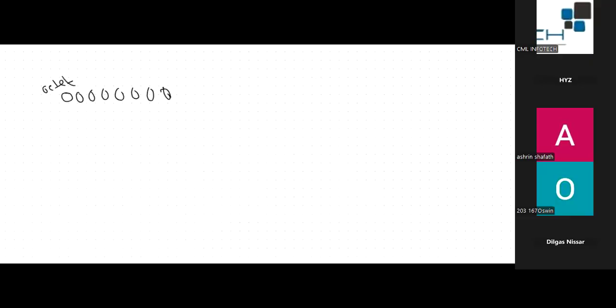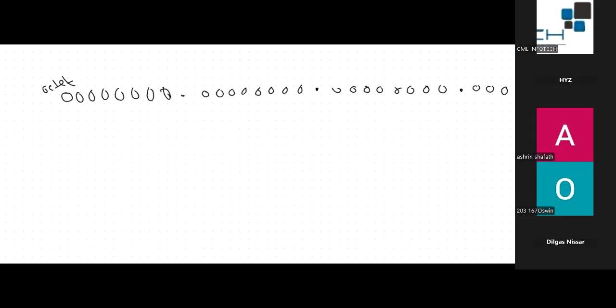So after every 8 bits, we put one dot, then the next 8 bits, then dot, then dot. So we have 3 dots, then again one more octet, which is equivalent to 32.